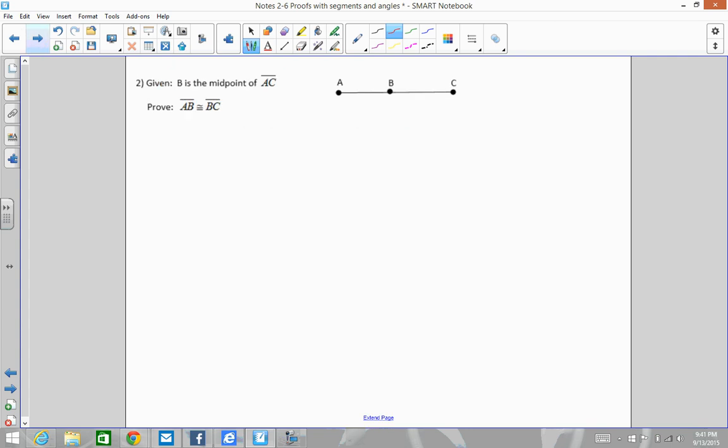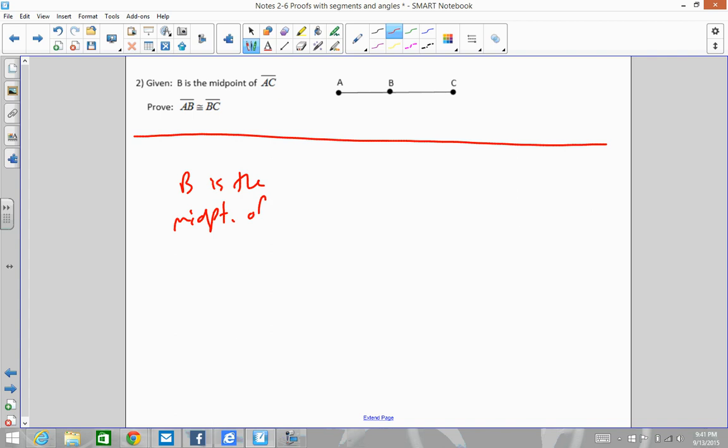It'll be important. Our next one: B is the midpoint of AC. So again, I've got my baseline. B is the midpoint of AC. That is a statement, and that's given to us, so I can write given next to that.